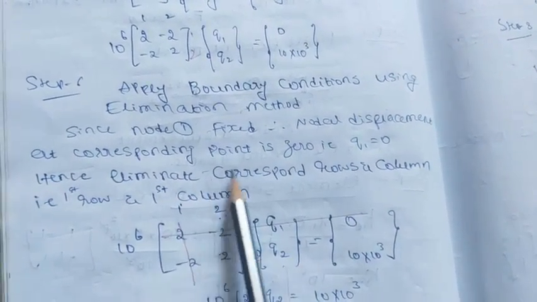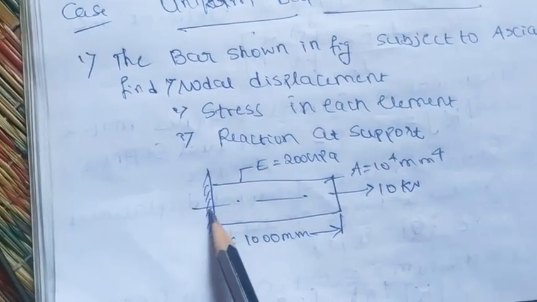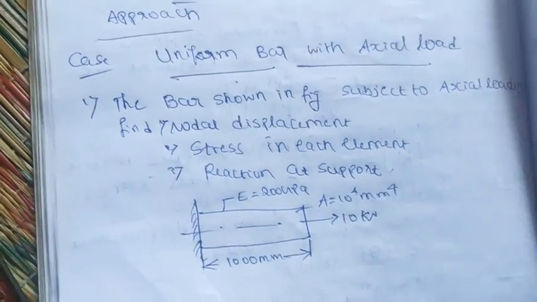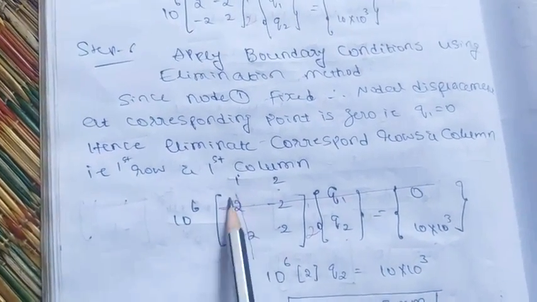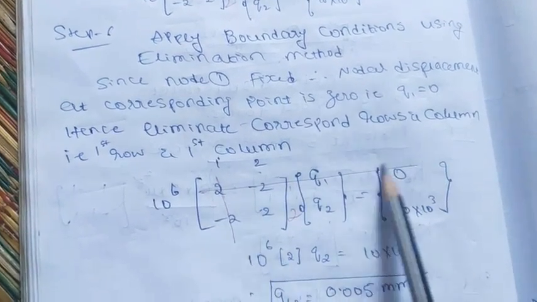Hence we eliminate the first row and first column, and strike them off.